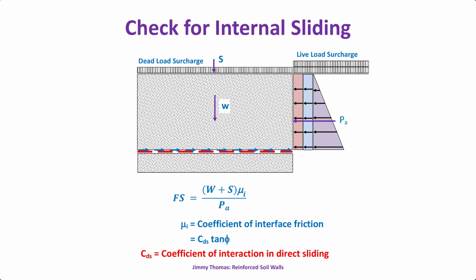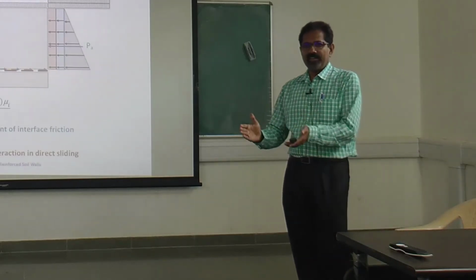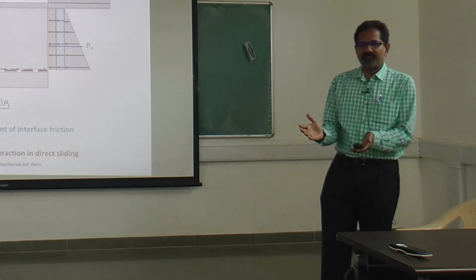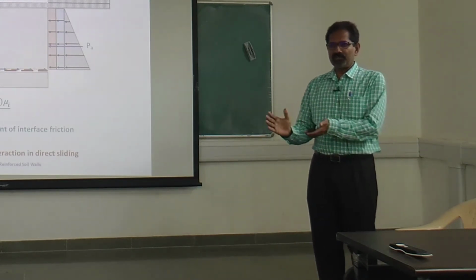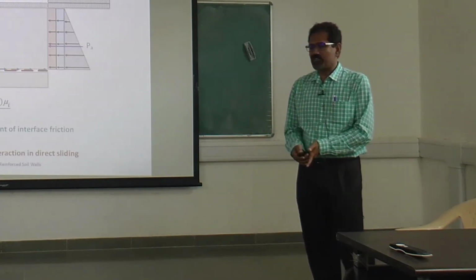That means the coefficient of interface friction is equal to CDS into tan phi, where CDS is called the coefficient of interaction in direct sliding. Same way, like we have a pile, how do we calculate the friction? Some factor into the phi of the soil. Same concept here.